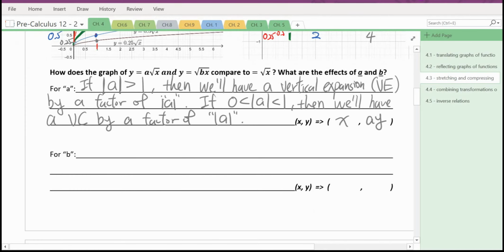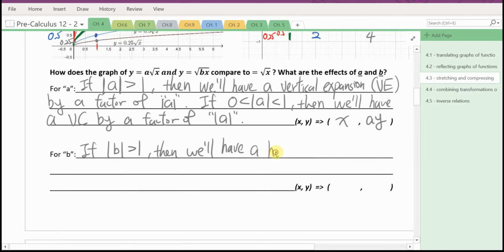Okay, so now here we go. For b, if the absolute value of b is greater than 1, then, again, because it's greater than 1, the reciprocal of something that's bigger than 1 is actually going to be a fraction. It's 1 over that number, so it's 0 point something. So this is actually a horizontal compression.